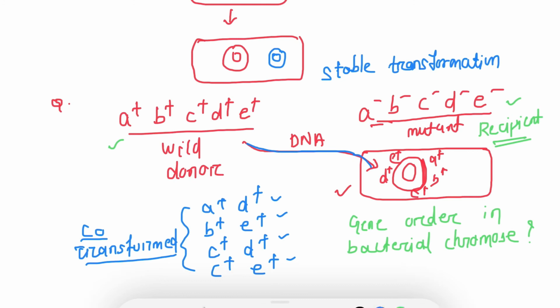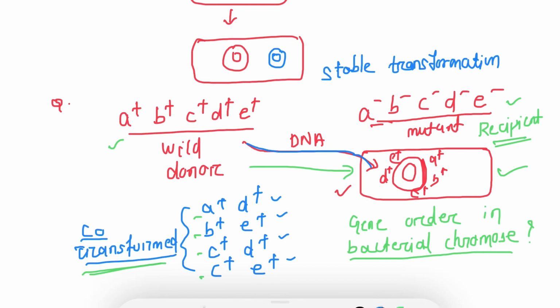So after the examination of the transformed bacterial cells, it is found that the genes A plus, D plus, B plus, E plus, C plus, D plus and C plus, E plus are co-transformed. Co-transformed means these genes are transformed together from the donor to the recipient cell.